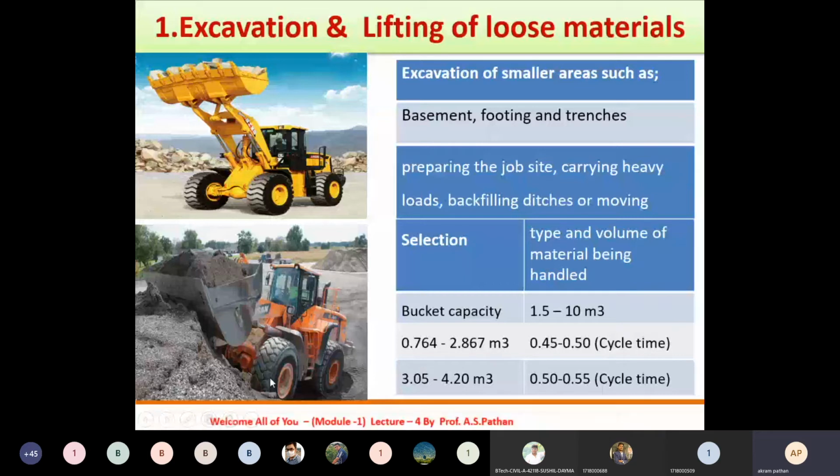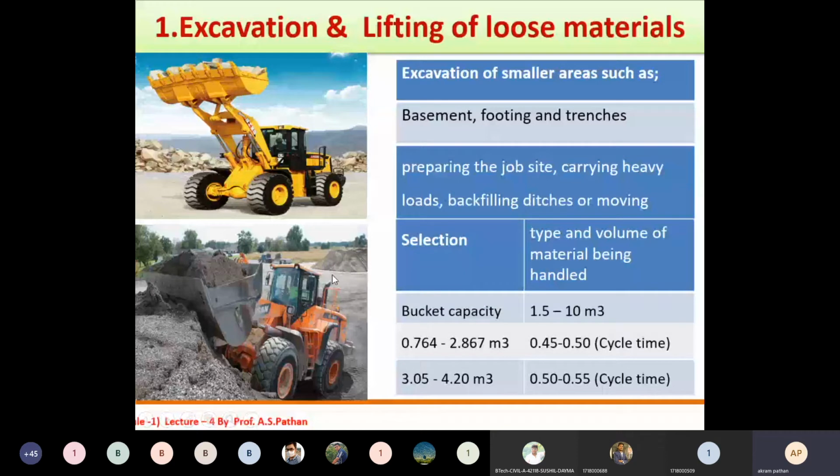The time in between filling of this material in this bucket and loading and unloading. For example, if you fill this bucket with the help of this sand, and if you dump this bucket in the truck or in another place, whatever may be the time taken in between loading and unloading, that time is known as cycle time.